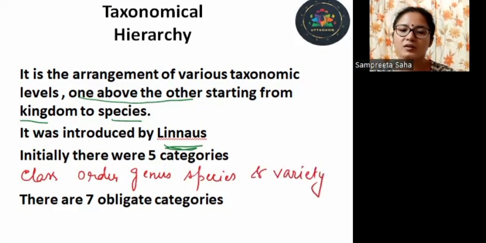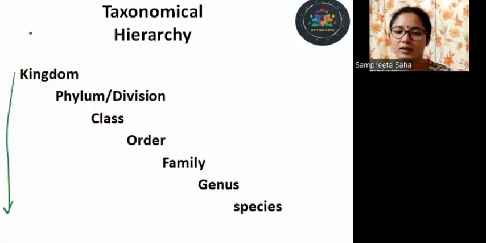These were the 5 categories that he used. Now later on it was improved and we introduced 7 obligate categories. These are the 7 obligate categories or levels.